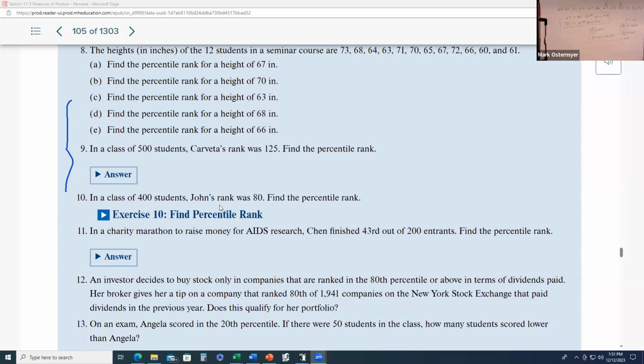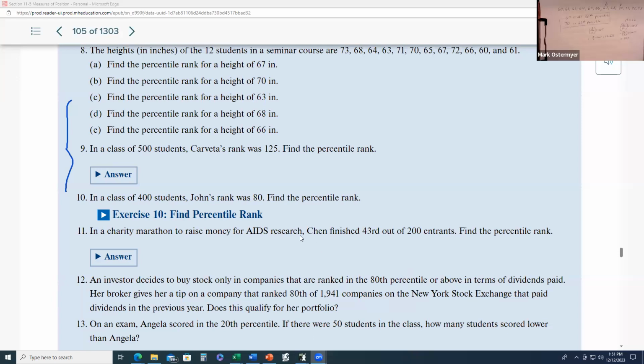Now, be careful, ladies and gentlemen. To say John's rank is 80 is not saying the 80th percentile necessarily. A percentile rank is not necessarily the same as the rank. Okay, be careful. Now, John ranked 80 out of how many students? 400. How are we going to compute John's percentile rank?